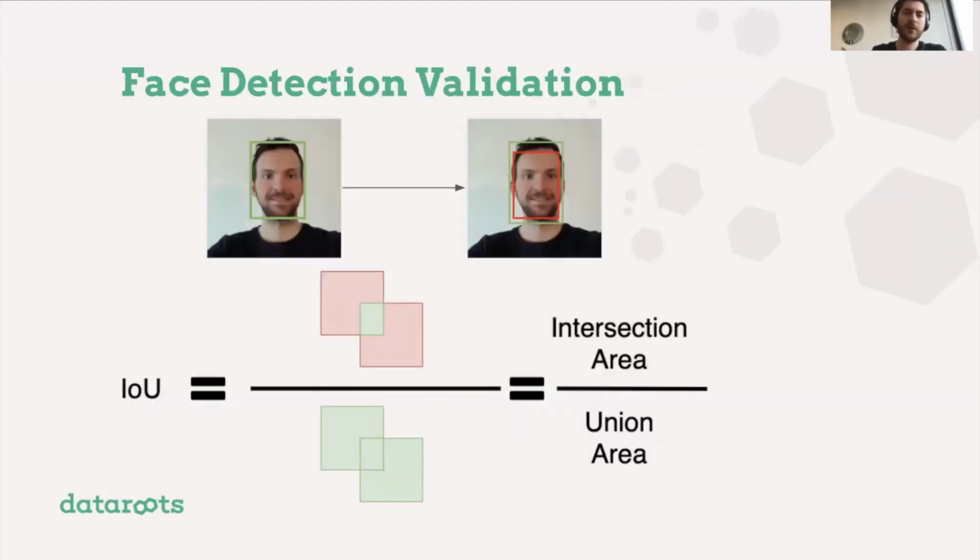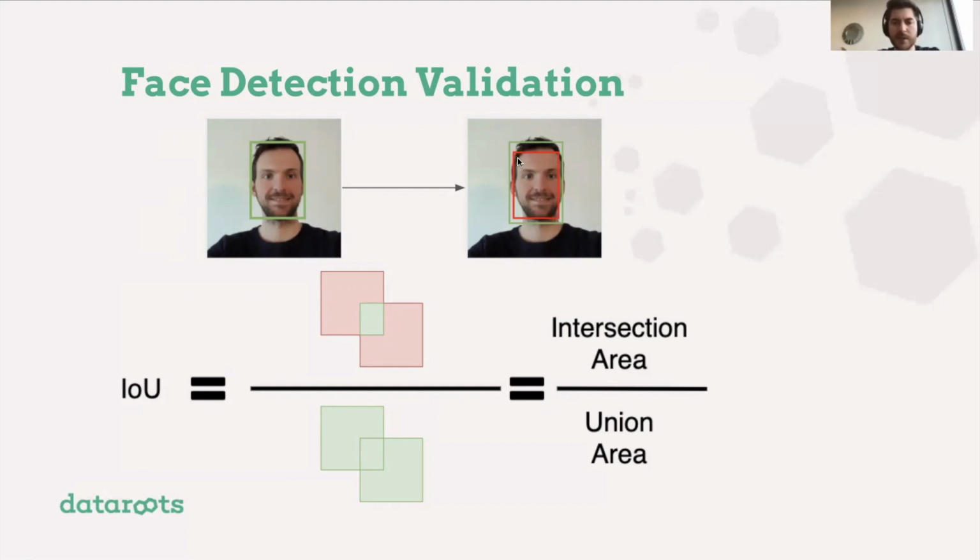And now in the first step, we check the face detection performance. And we use the intersection over union metric for this validation. This green box is the ground truth box, and the red one is the predicted box by the algorithm.